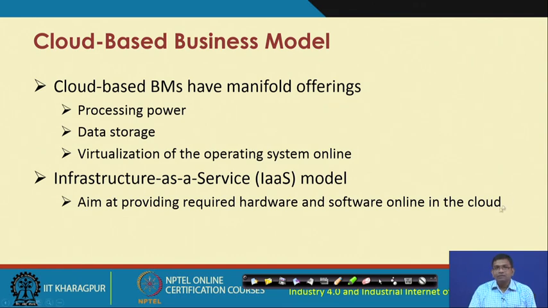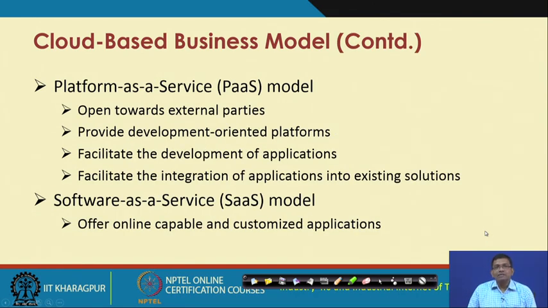Then we have platform as a service, which is basically the computing platform, the development platform that is going to be offered to the customers as a service for further development of different applications, and integration of different applications which have been developed on different platforms, under a common platform. So, these are the platform as a service model, and then the last one is the software as a service model, where we are talking about offering online capabilities and customized applications to different customers.